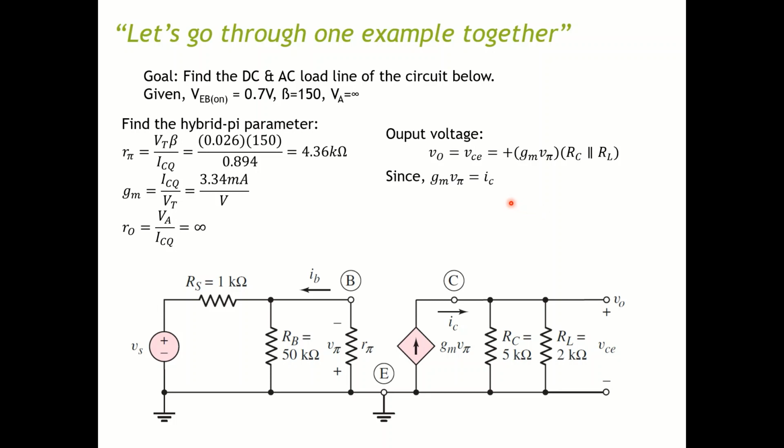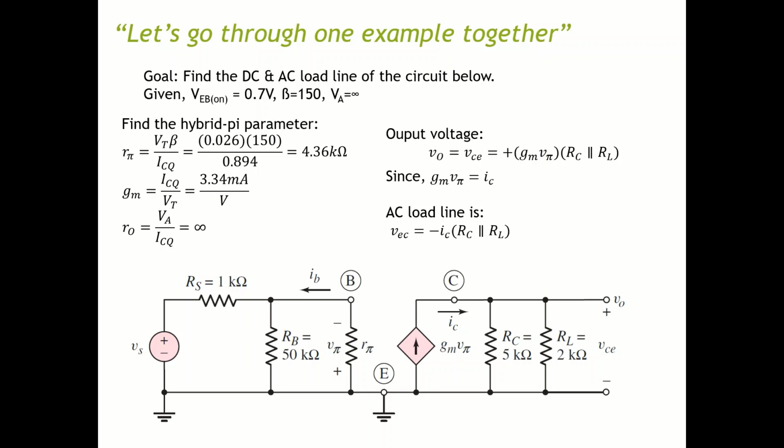And since gm V pi is actually equal to IC, we can replace this term gm V pi with IC. Noting that now I'm writing the equation for VEC, not VCE, so I need to put a minus sign in front of it. So finally, our load line is VCE equal to minus IC times RC parallel RL. Therefore, you can see the slope of our load line to be 1 over RC parallel RL.